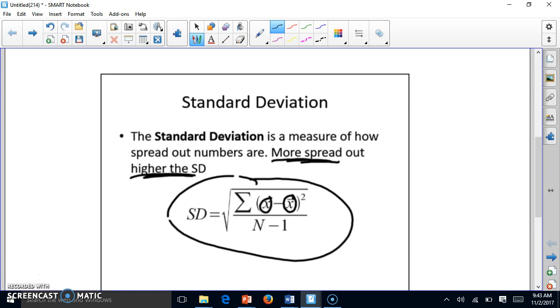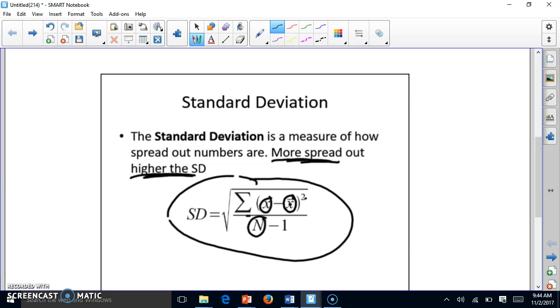For every single number, you do this, and then you add all those numbers up. So if you have 50 numbers, you subtract each from the mean, square it, and add those up. Then you divide that by the number of numbers you have, minus 1, and after that you take the square root.